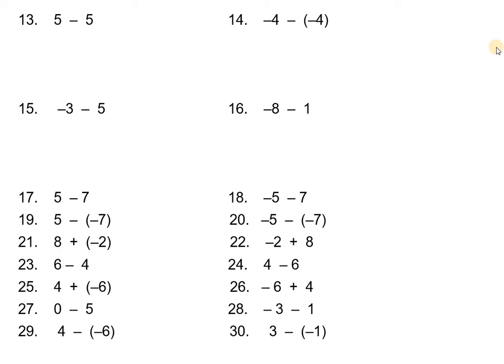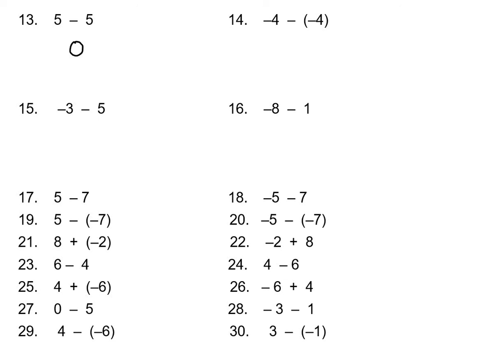Okay, problem 13, 5 minus 5 is 0. So I want you to notice that I'm starting with some number here, and then I'm taking away that same number. Problem number 14, -4 minus -4.